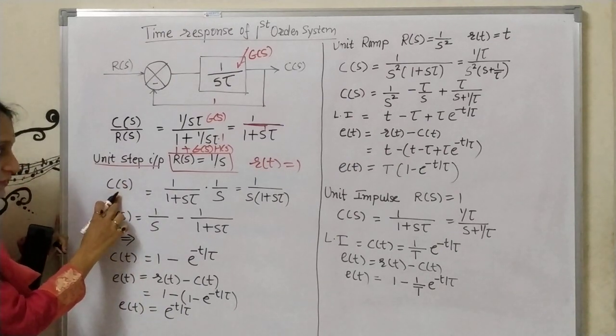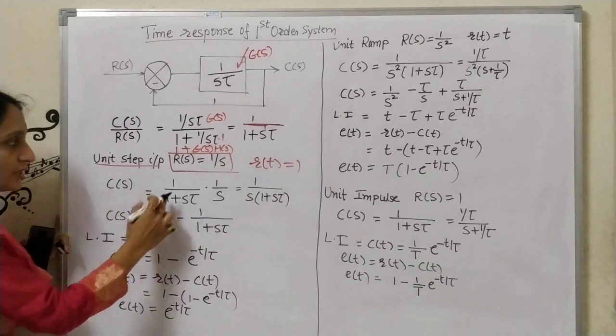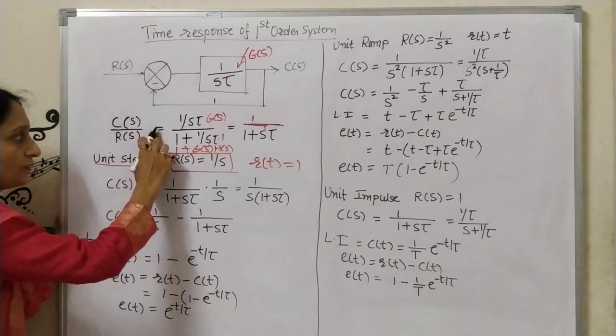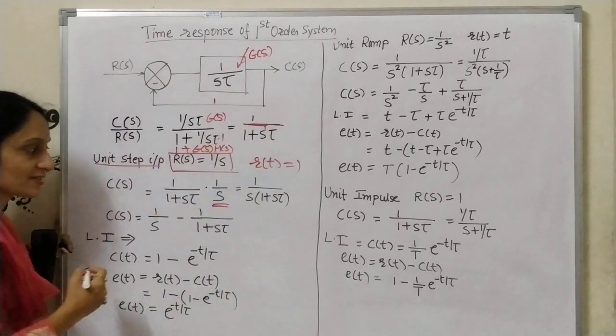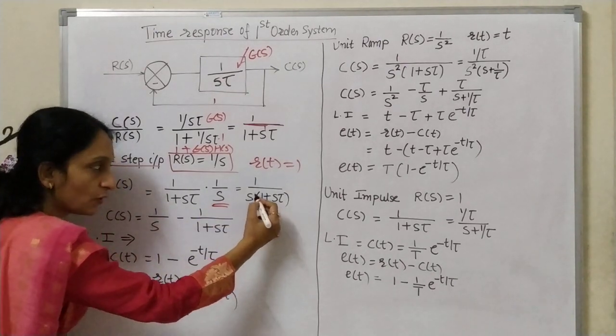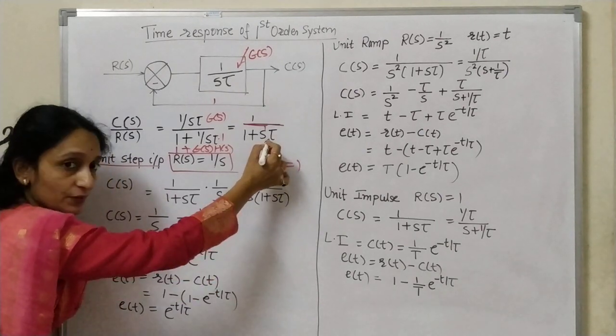I have substituted the value of R of s as 1 by s, so C of s is multiplied with R of s. I have rearranged it in the form of 1 upon s into 1 plus s tau, the same transfer function.